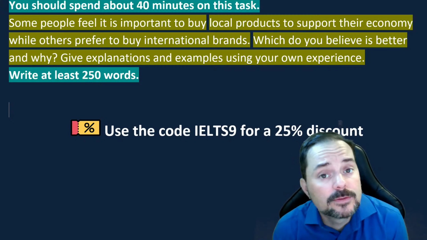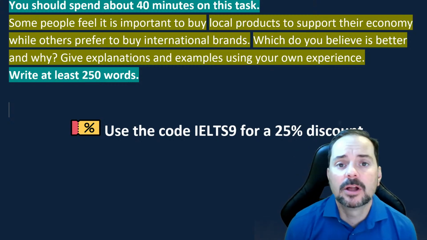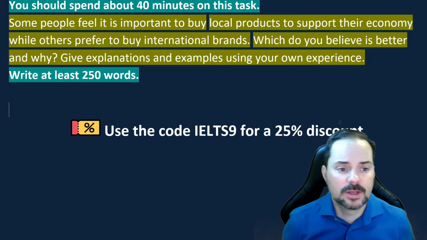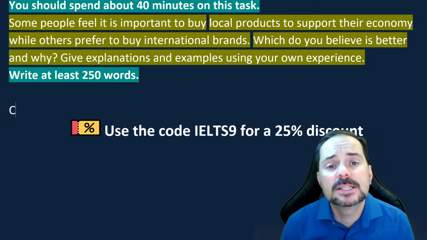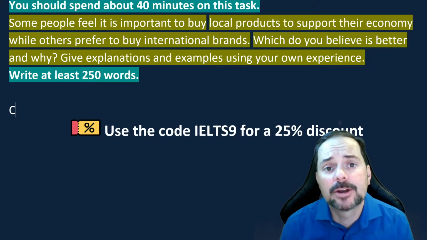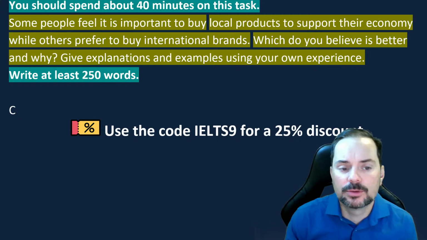Now, if that works for you, great. If you need something higher, like a band 7, 8, 9, you should think about it a little bit more carefully, okay? So let me paraphrase this. The paraphrasing is just to get us a better idea of the question and to collect vocabulary for the response.